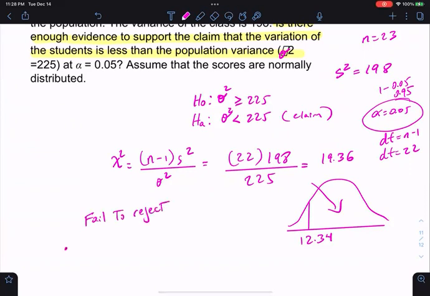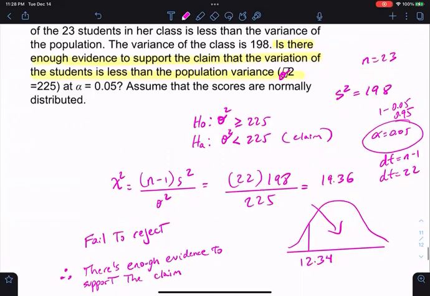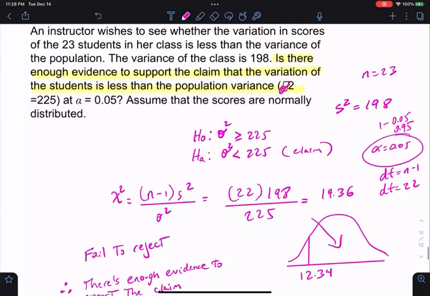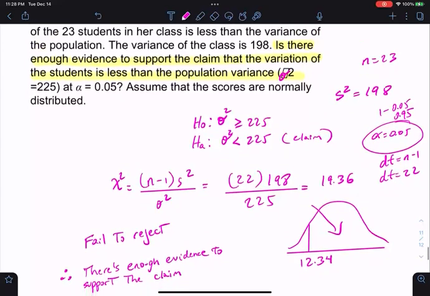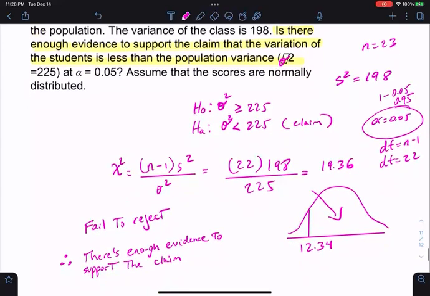Therefore, we can say there's enough evidence to support the claim that the variation in scores of the 23 students in her class is less than the variance of the population. That's what you need to say.